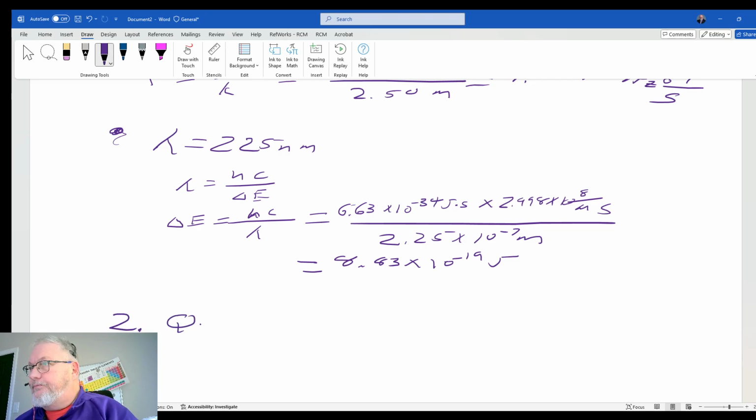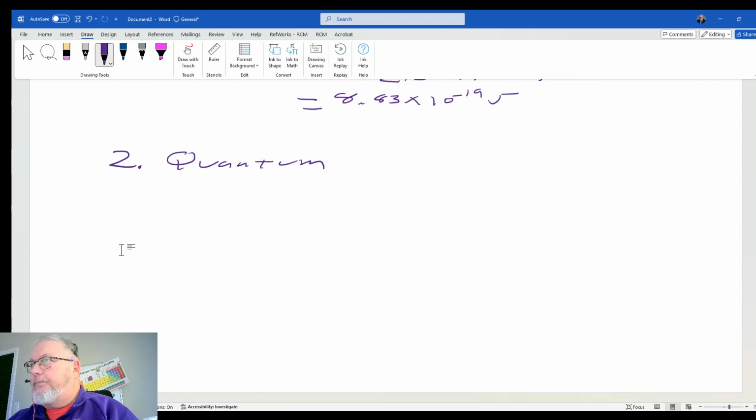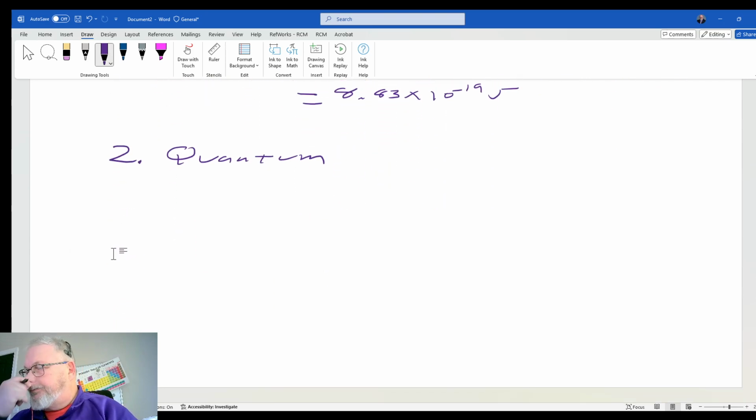Quantum. All right, and what do we talk about in the quantum world? Well, in the quantum world, it all started with the double slit experiment, and we noticed that the electron acted like a wave, but it also acted like a particle.